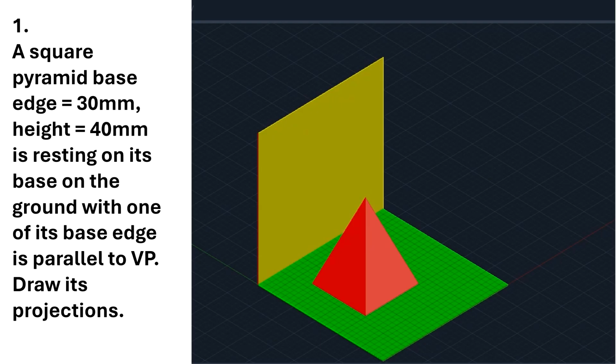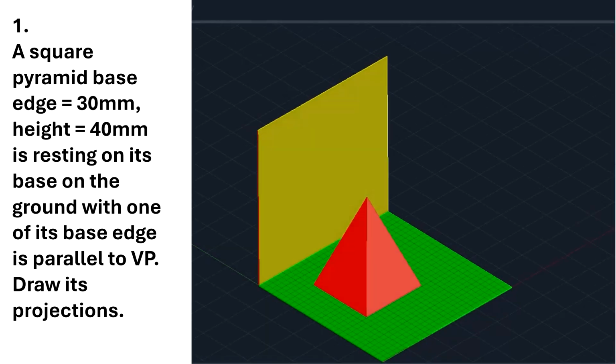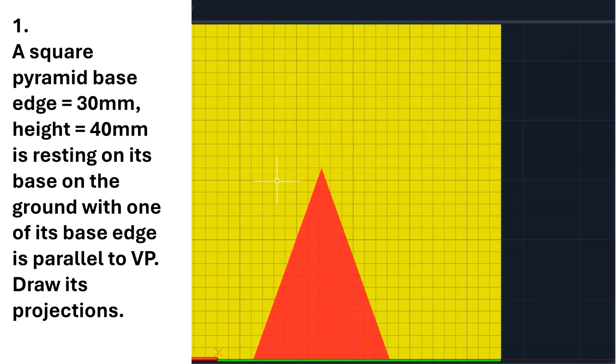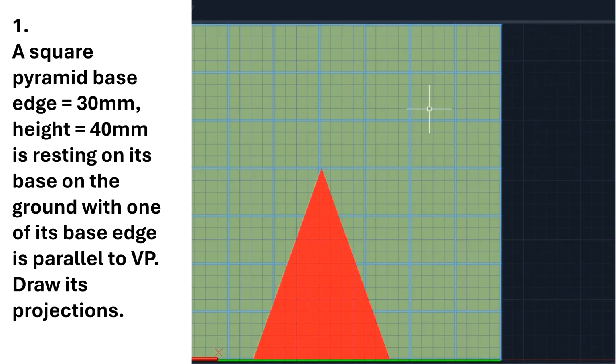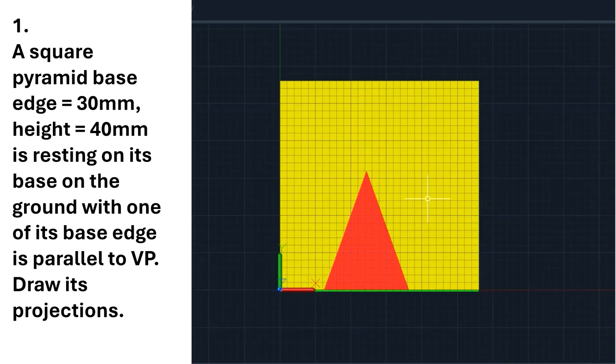So now if I see the front view from here, the front view will look like this. The yellow colored one is the vertical plane, and this is the front view.